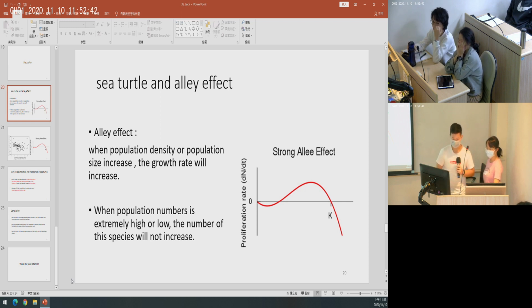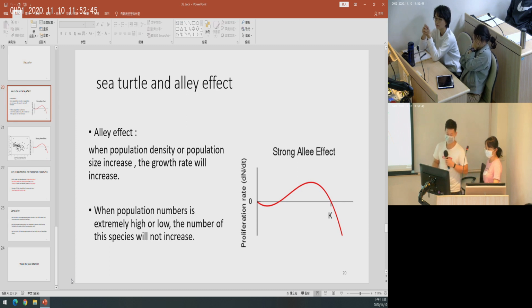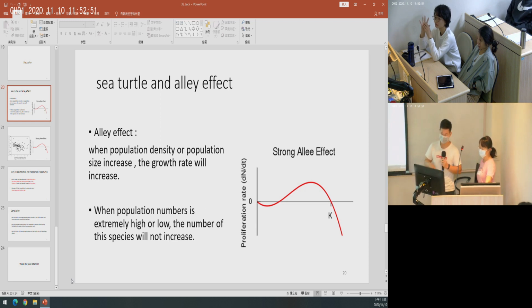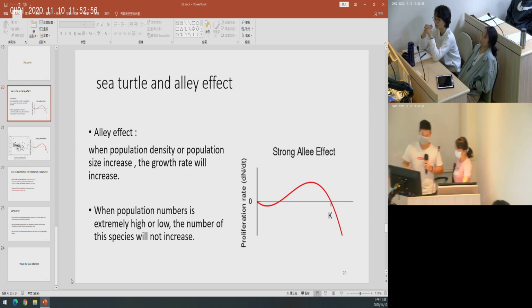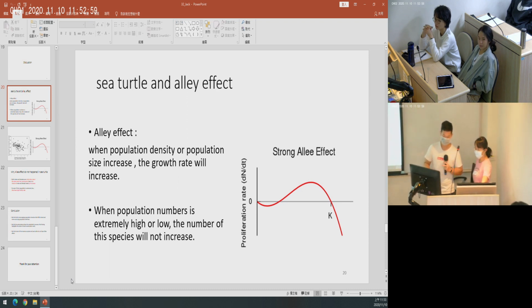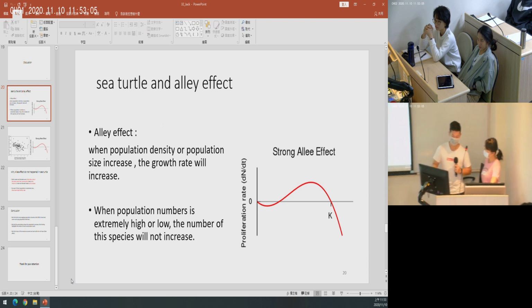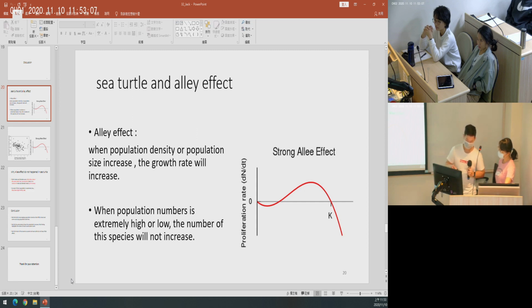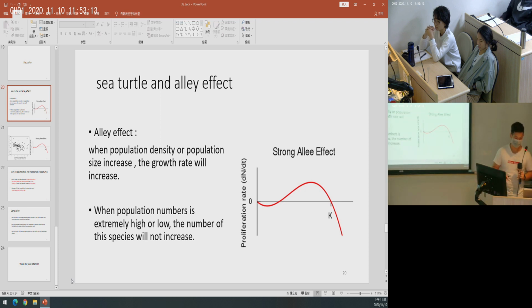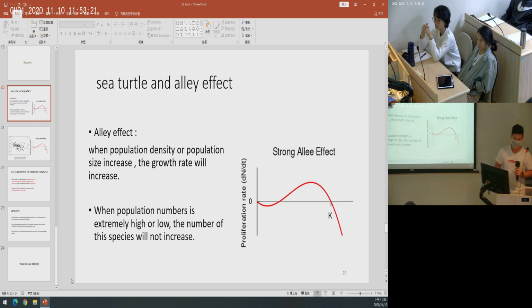The number of the species will not increase because of the resources the species needs. When the number is extremely high, their resources will not be enough to support the species to survive.